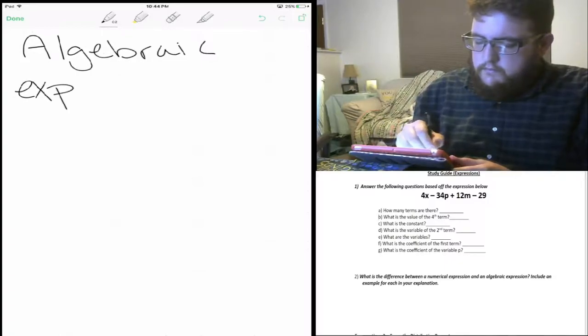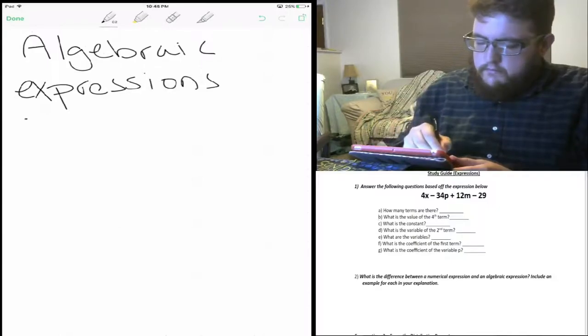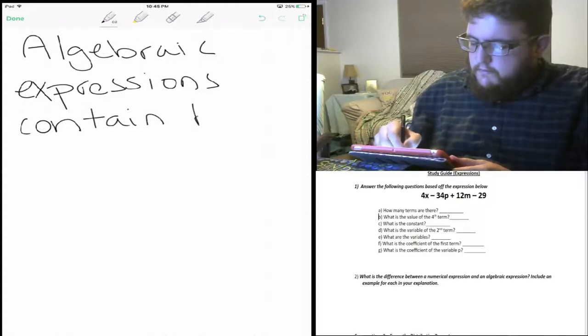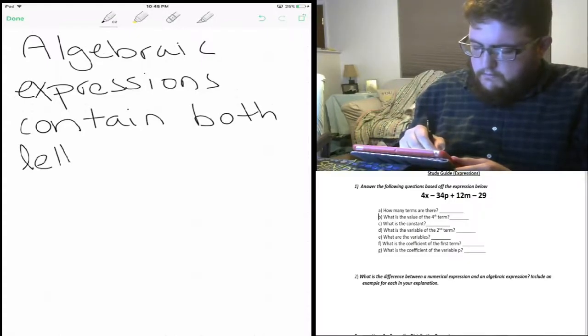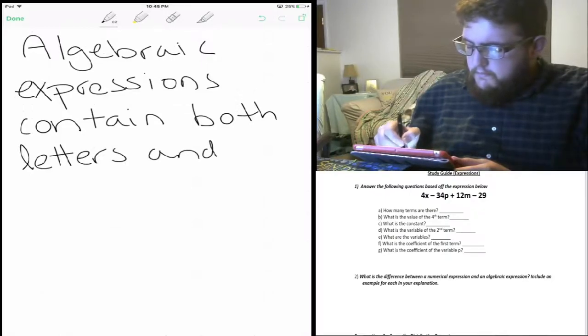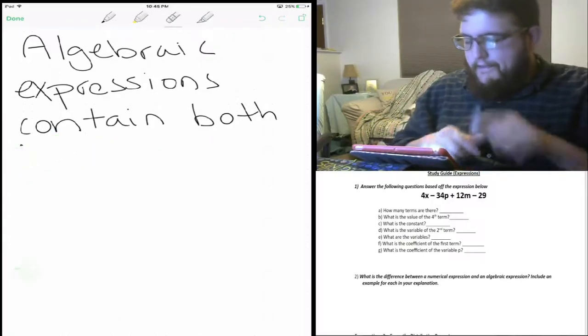So, next up is our algebraic expressions. Algebraic expressions contain both letters. Oh, I'm going to catch myself here. I shouldn't be using the word letters.